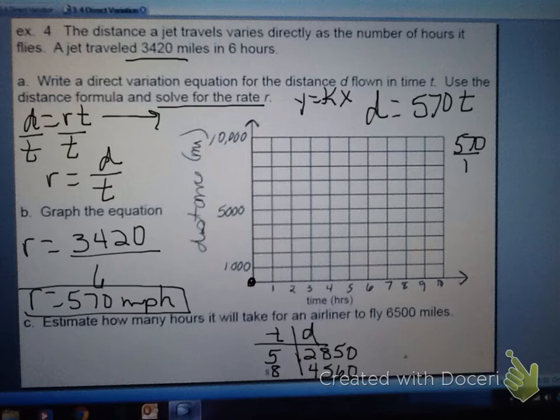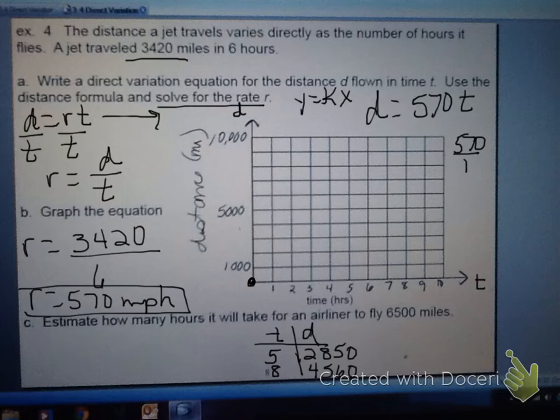If you will notice the y-axis, or in this case the d, the distance, and the time, we're counting by thousands.